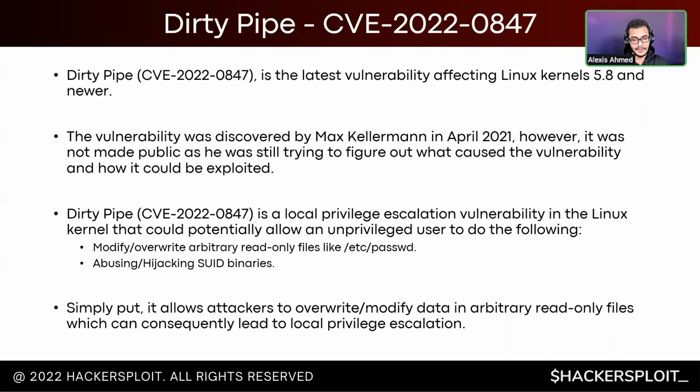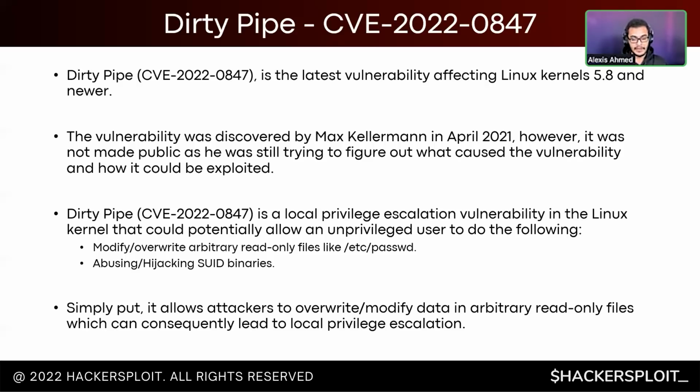To put it simply, the Dirty Pipe vulnerability is a local privilege escalation vulnerability in the Linux kernel that could allow an attacker or an unprivileged user on the Linux system to elevate their privileges by modifying arbitrary read-only files like the /etc/passwd file.